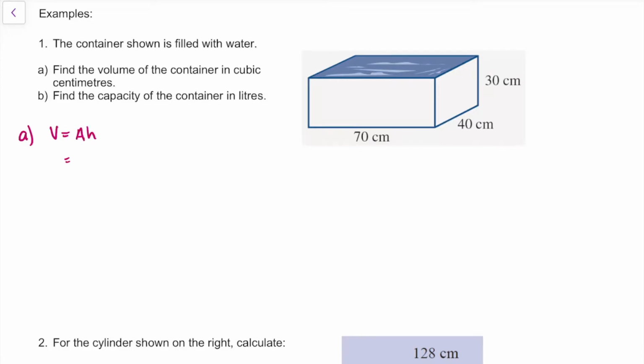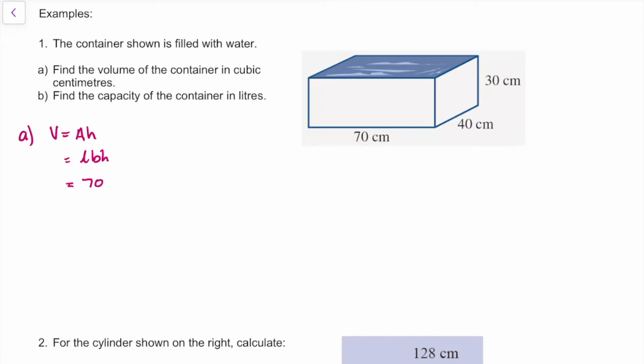In terms of this one, this is going to be the LBH, or it could be length, breadth, width, or base, height, depth. However you wish to put it, I'm going to just use length, breadth, height. So it's just all three of these numbers multiplied together.